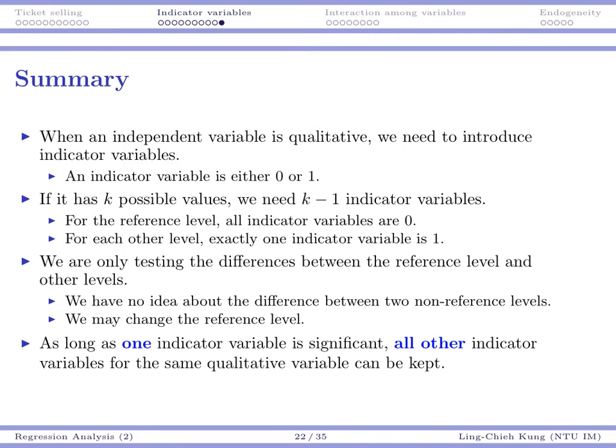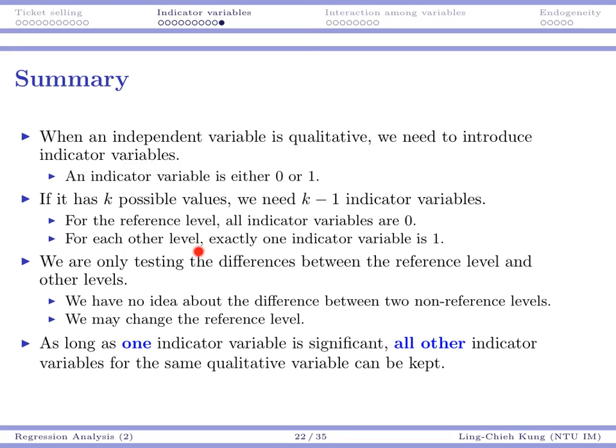So, summary: when an independent variable is qualitative, then we need to introduce indicator variables. And for all the indicator variables, the values would just be 0 or 1. If the variable has k possible values, then we need k minus 1 indicator variables. For the reference level, all the indicator variables will be marked as 0.